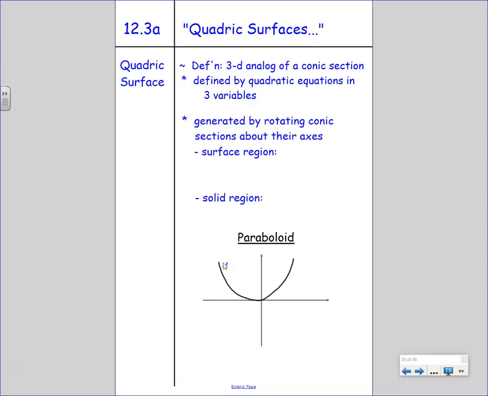A paraboloid takes a parabola and rotates it not two-dimensionally, but three-dimensionally around. We're spinning the second dimension. And when we spin the second dimension, what do we get? Oh, Mr. Horn still has it.